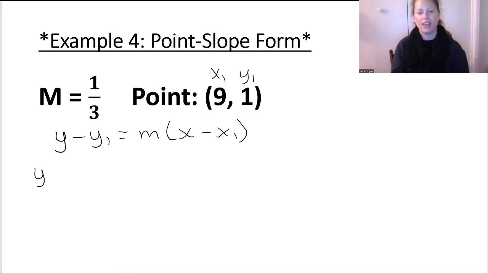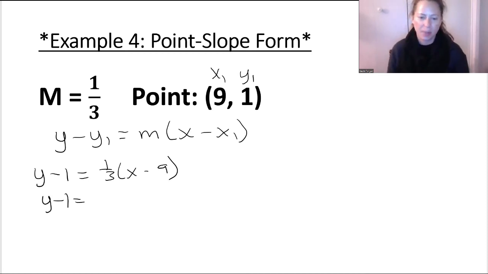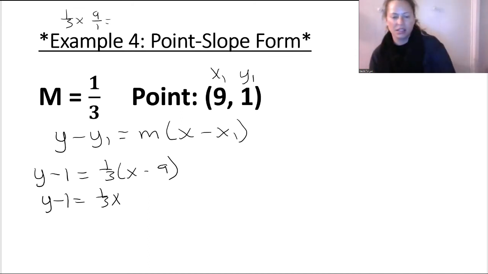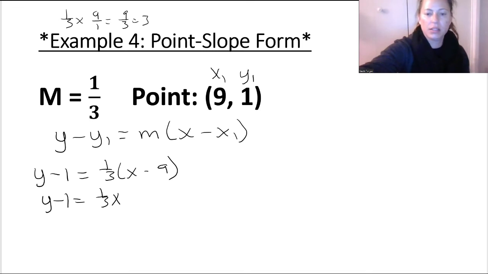So y minus 1 equals 1/3 times x minus 9. So y minus 1 equals 1/3 x, and then 1/3 times negative 9. If I show my work over here, 1/3 times 9, make it 9 over 1, 9 over 3 equals 3, and it was a positive times a negative, so that makes negative 3.